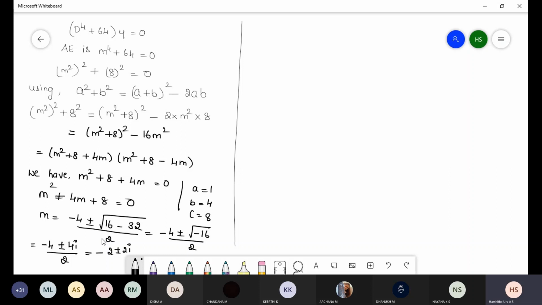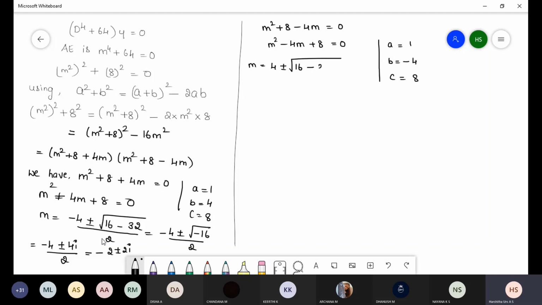Next, the second one, m² + 8 − 4m = 0, or m² − 4m + 8 = 0. Here also a value is 1, b value is −4, c value is 8. m is equal to −b, so minus into minus plus 4, ± √(4² = 16 minus 4ac = 32), divided by 2.